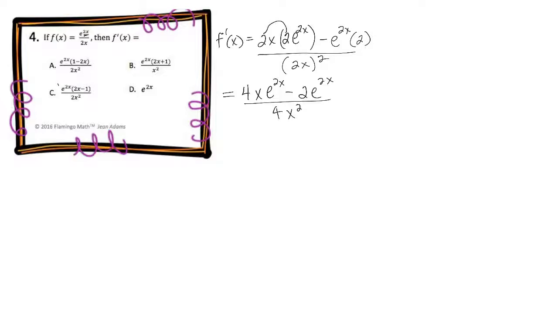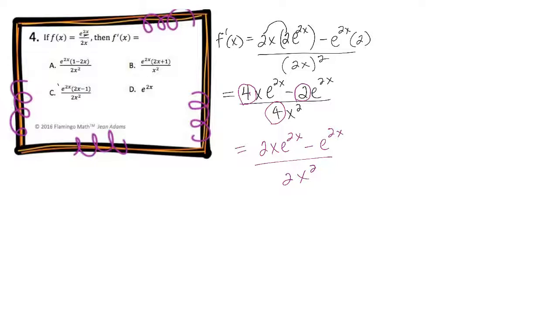What you can do though is notice that every one of these numbers that I'm circling, they all have a 2 in common, and that's what you need to cancel. So when we cancel that, we're going to have 2x e to the 2x minus e to the 2x all over 2x squared.